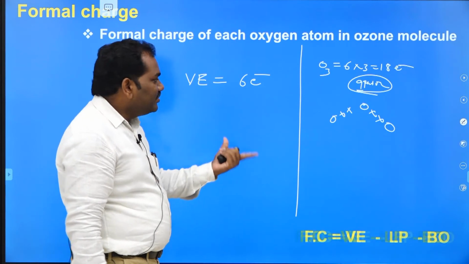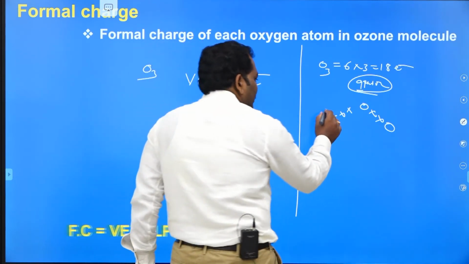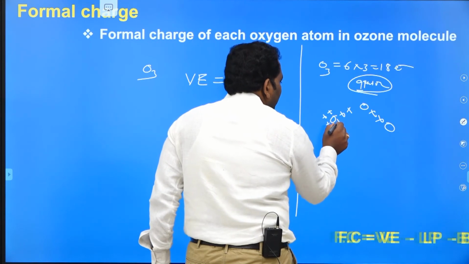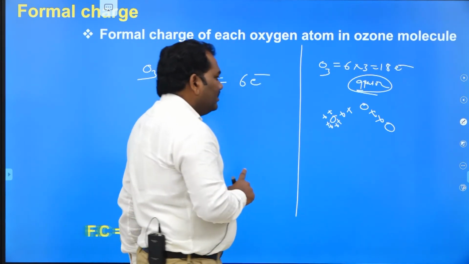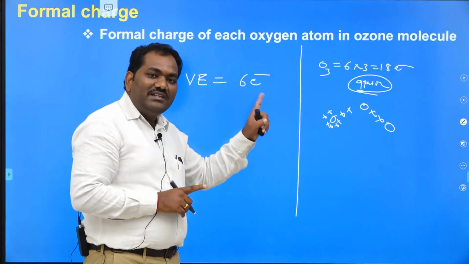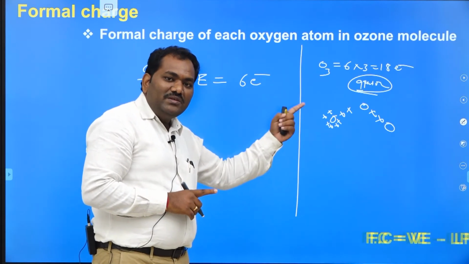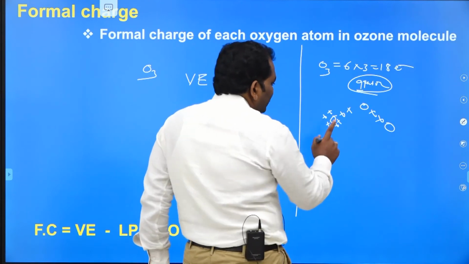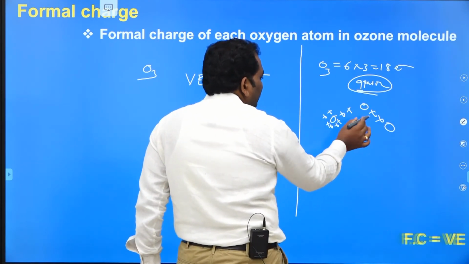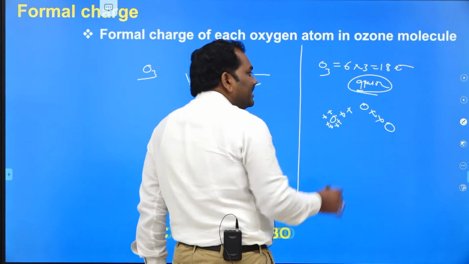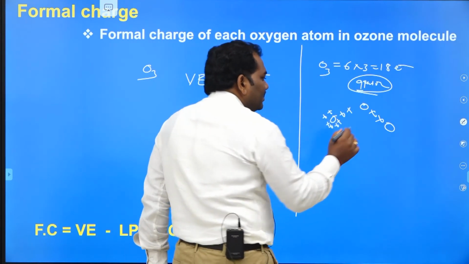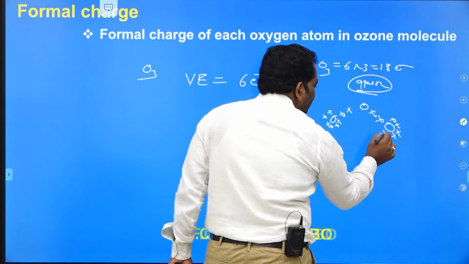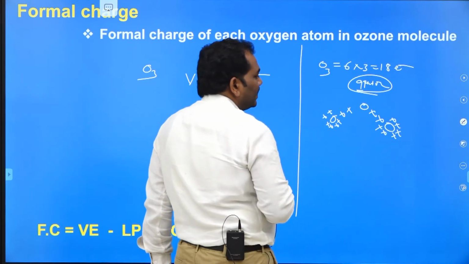So I distribute the electrons to the outer oxygens like this until each attains noble gas configuration. That takes only 5 electron pairs, but there are 9 electron pairs, so the remaining pairs are distributed to the other oxygen atom like this.